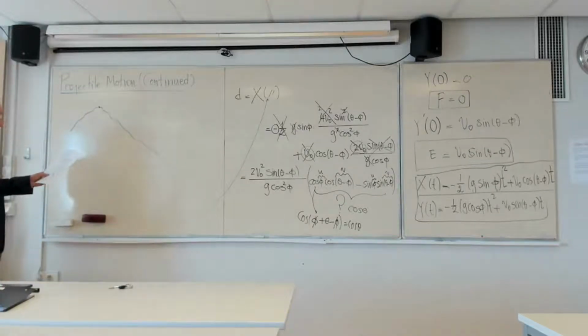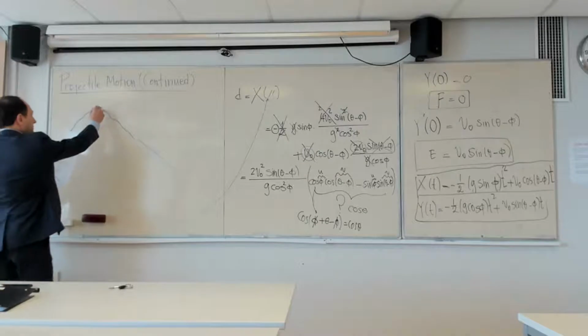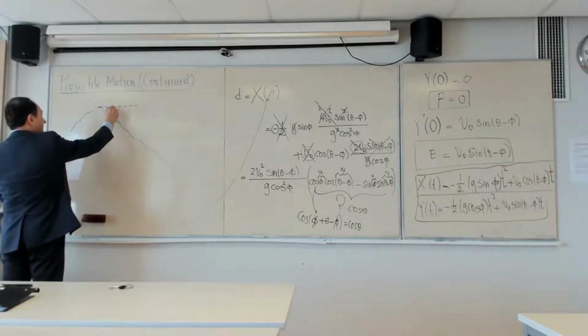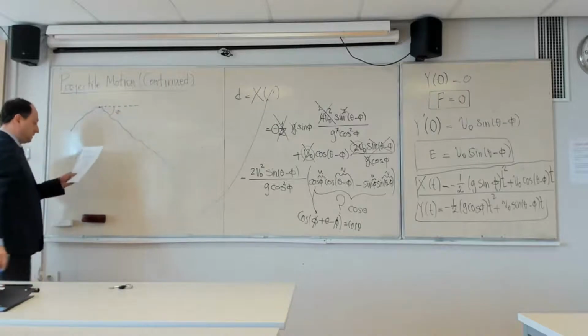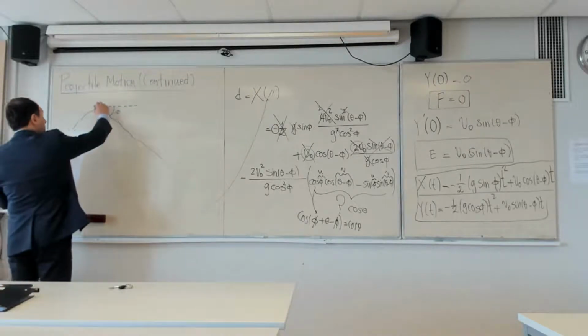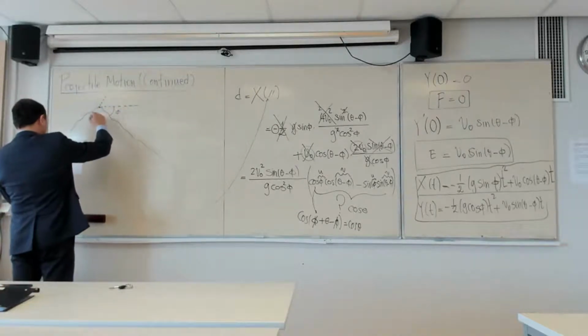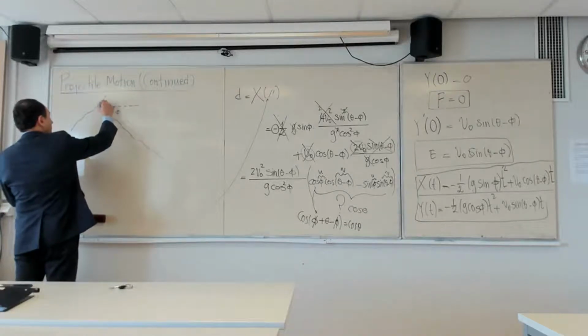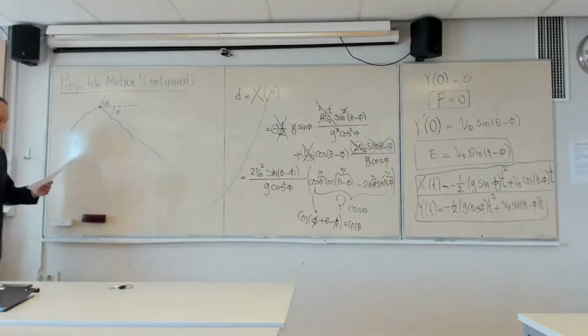The hill slopes forward, downward. I don't need to explain these things because it is clear in the drawing, yes? So this angle is phi this time. This athlete is shooting or something, so this angle is theta, yes?